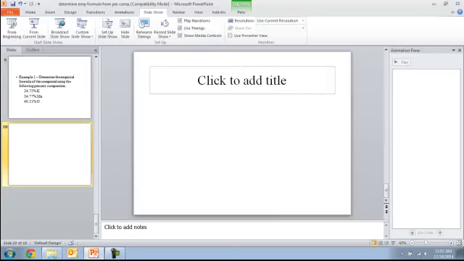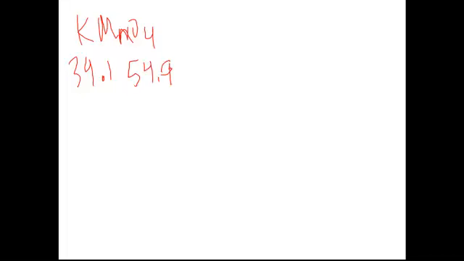Now let's say we have our KMnO4, but in this case they don't want the empirical formula, they actually want the molecular formula. So we've got KMnO4, and just like before, if we know the empirical formula, potassium is 39.1, manganese was 54.9, and oxygen is 16, and there's 4 of them, so that's 64.